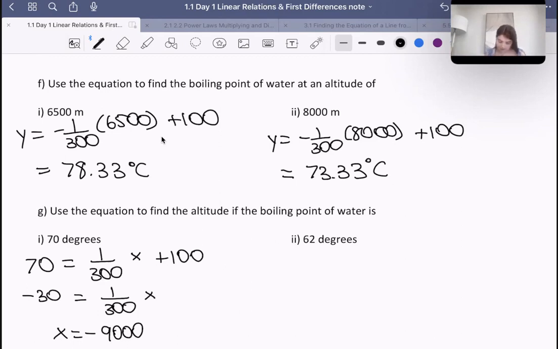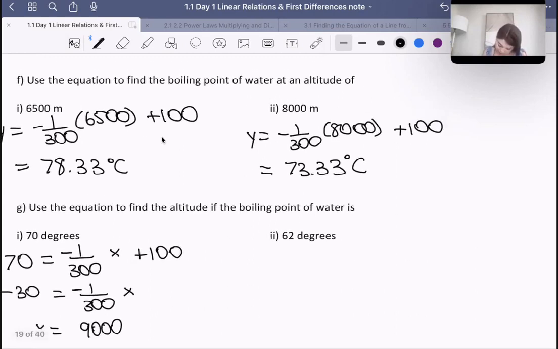All right, very good. All right, this next one says, use the equation to find the altitude if the boiling point of water is 62 degrees. All right, so let's do that. Oh, you know what? This should be negative here. And so actually we're going to end up with positive. I was thinking there must be something wrong because the answer should be positive, and it is. There we go.